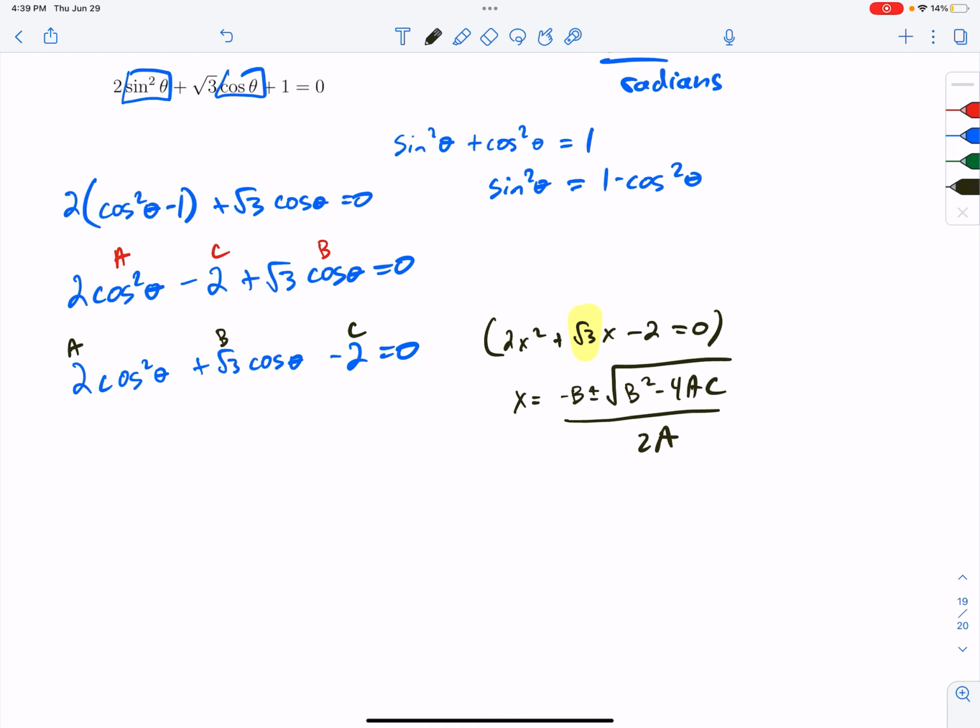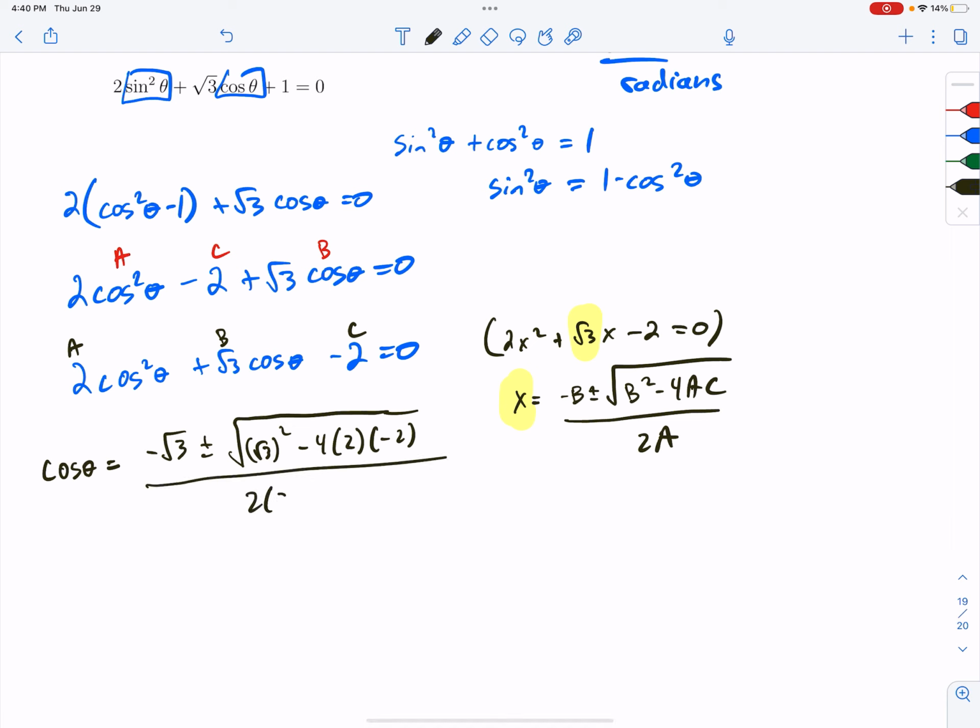So the a value is 2, the b value is square root 3, the c value is negative 2. And what I'm doing here is, instead of solving for x, I'm now solving for cosine of theta. So cosine of theta equals opposite of b, so negative root 3, plus or minus square root b squared, so root 3 squared minus 4ac, which is negative 2, divided by 2a. So we're left with negative root 3 plus or minus square root of 3 squared is 3.